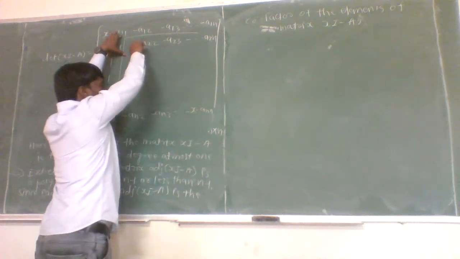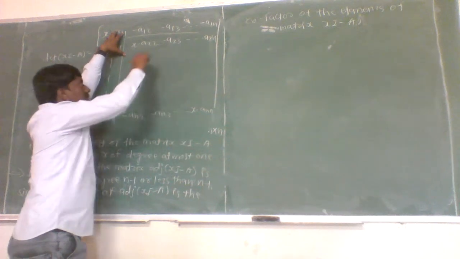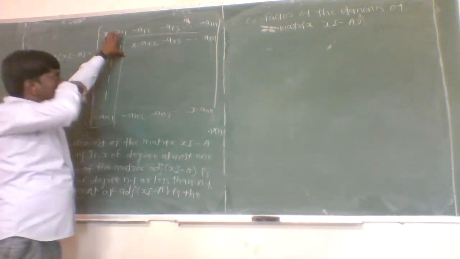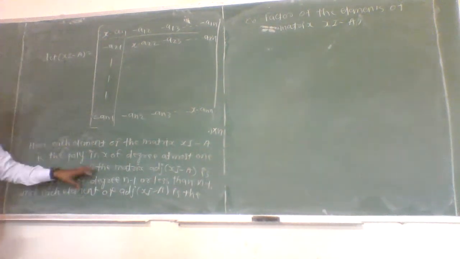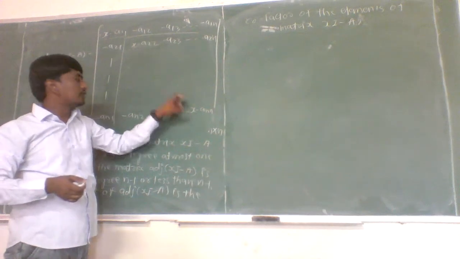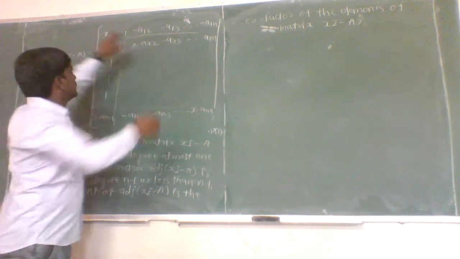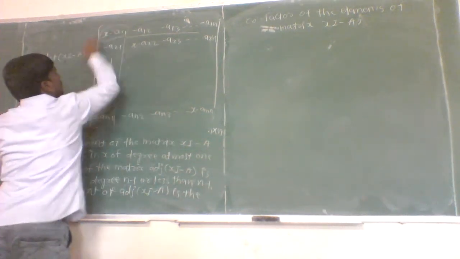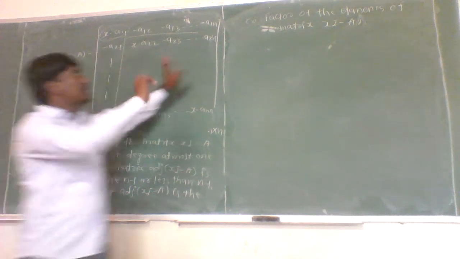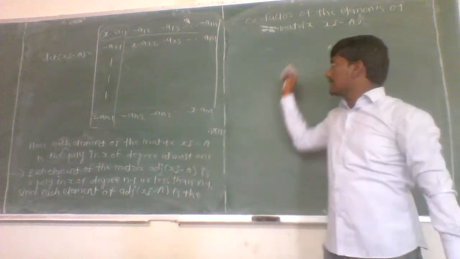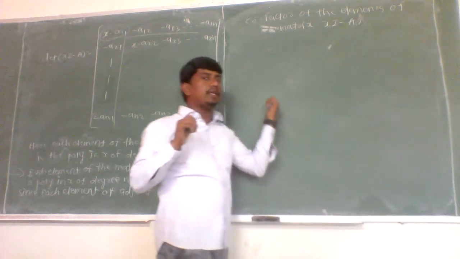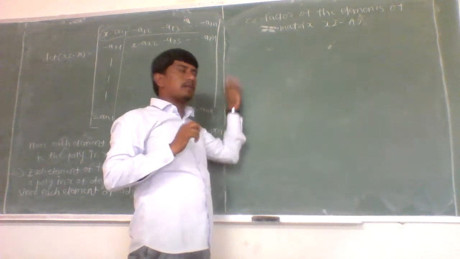Here the element may be a polynomial of degree less than or equal to n minus 1, and there is a possibility of getting one element with degree n minus 1, since the term x of this element is not in this cofactor. So each element of the matrix adjoint of xI minus A is a polynomial in x of degree n minus 1 or less than n minus 1.